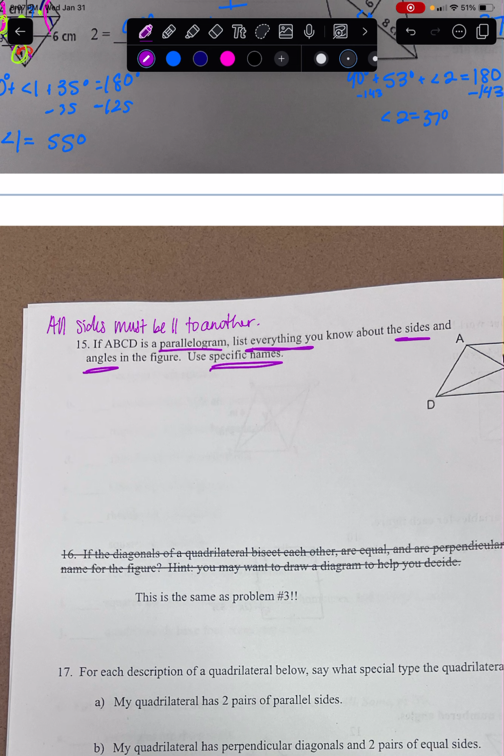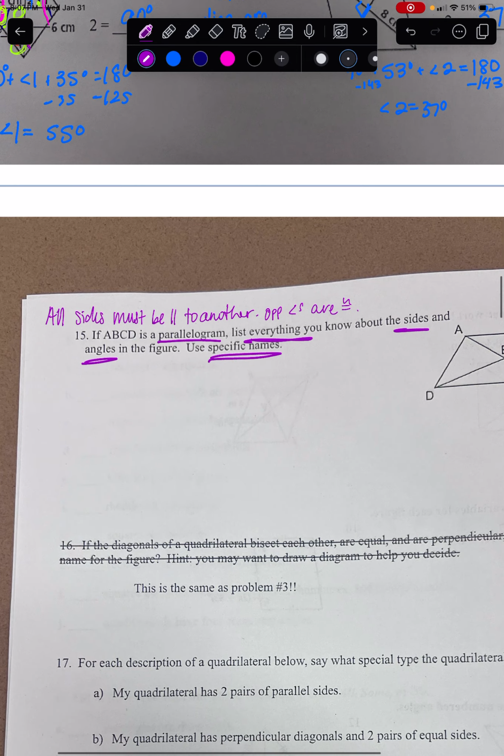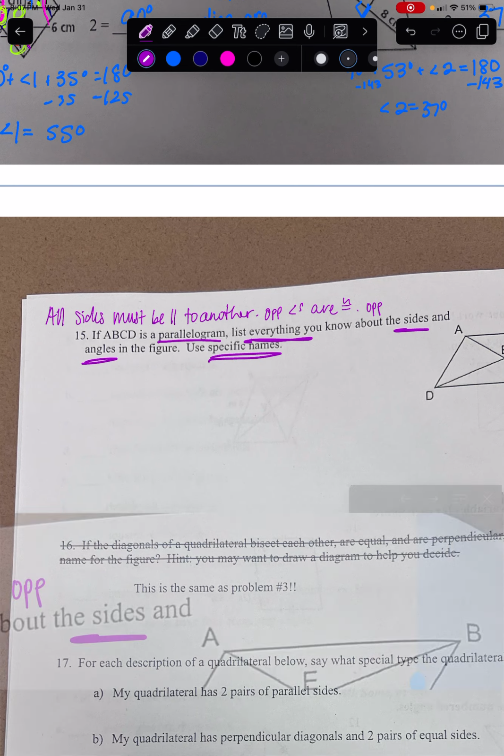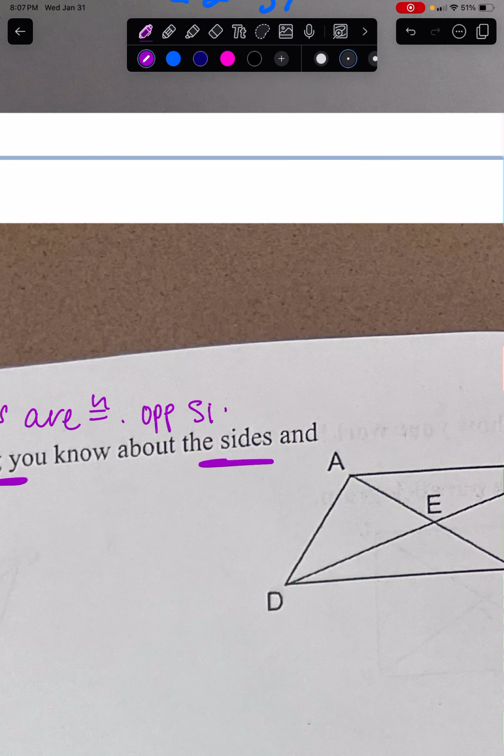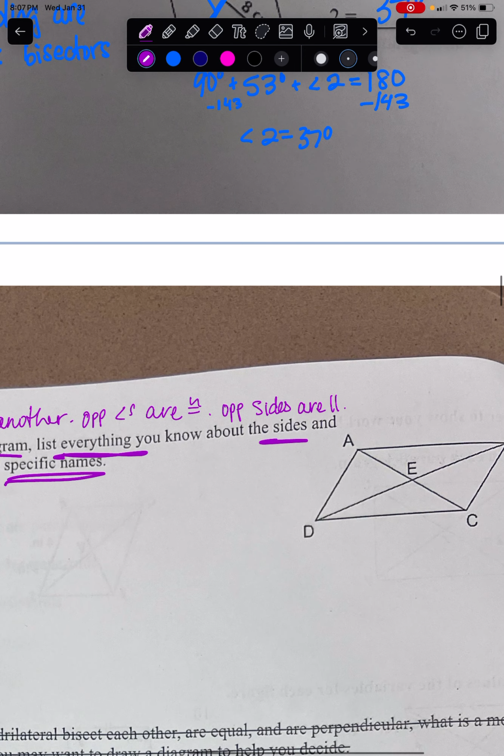We know that opposite angles are congruent. Opposite sides are parallel. Opposite sides are also going to be congruent.